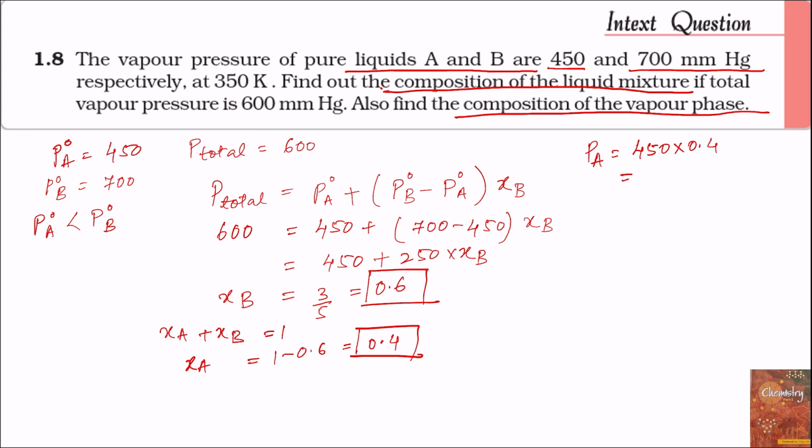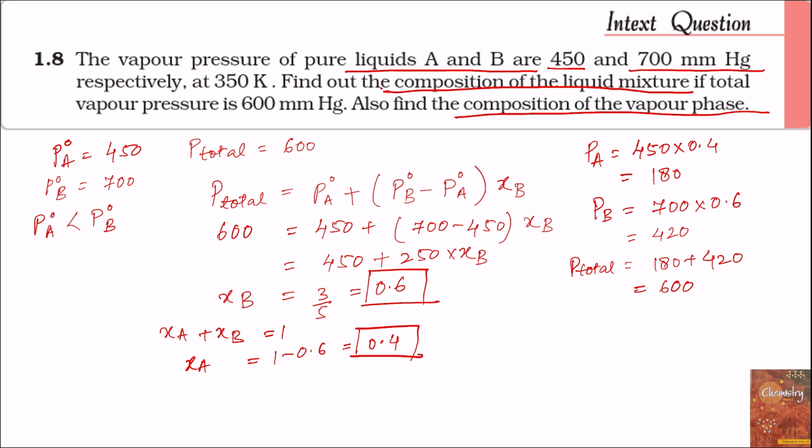So this is equal to 180 millimeter of mercury, and partial pressure of B is equal to pressure of pure B multiplied by mole fraction of B, which is equal to 0.6, and this is equal to 420 millimeter of mercury. Now total pressure will be equal to 180 plus 420, which is equal to 600.